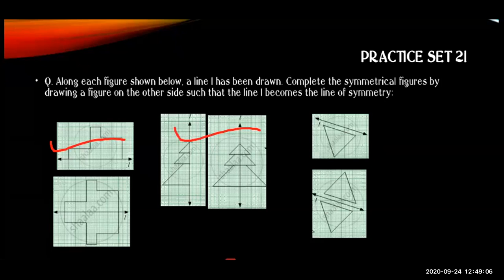Now in the third figure, line L, and next is the figure of a triangle. The same symmetry you are going to draw in the other part of the paper. On the other side also you will draw the same figure, that is a triangle.